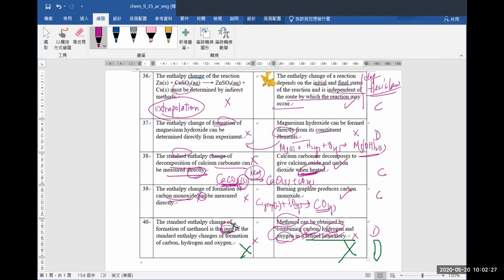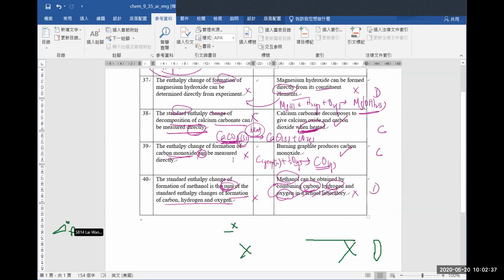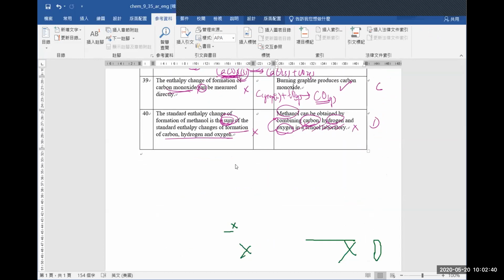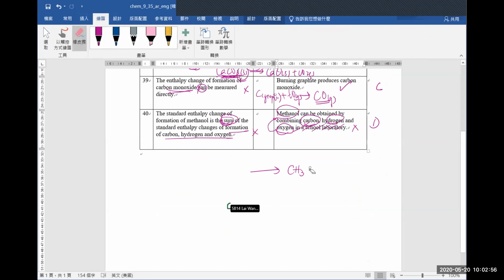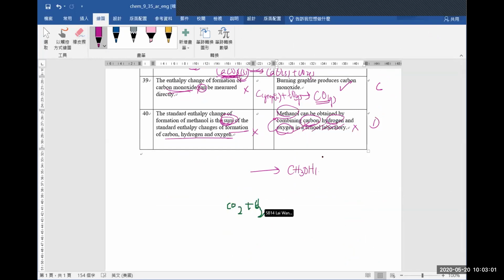Do you still remember the formula? Standard enthalpy change of formation of this one. Yes, delta H. You need to go back to the enthalpy cycle, right? Standard enthalpy change of formation of methanol, which comes from what?